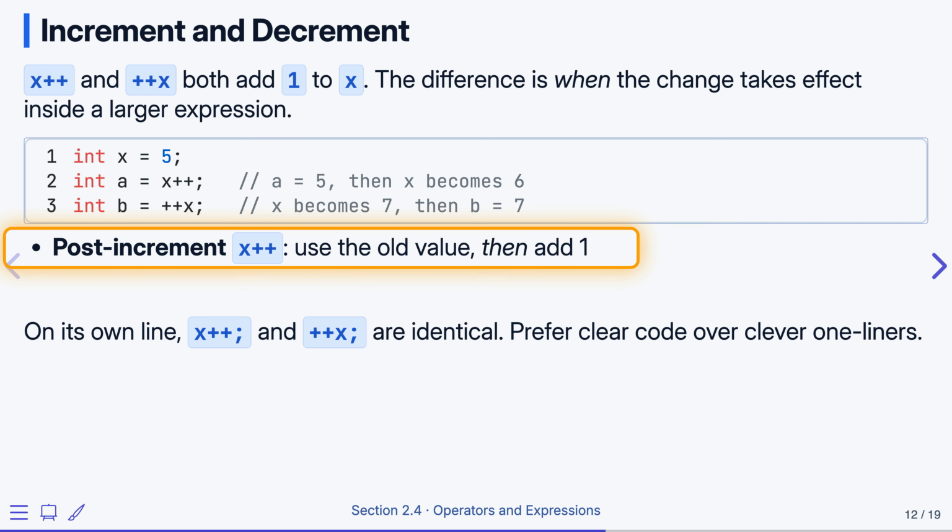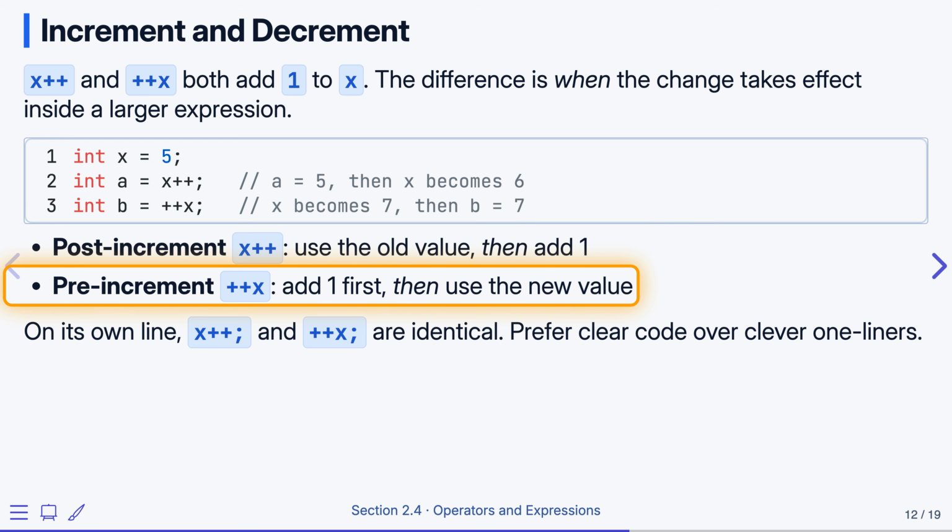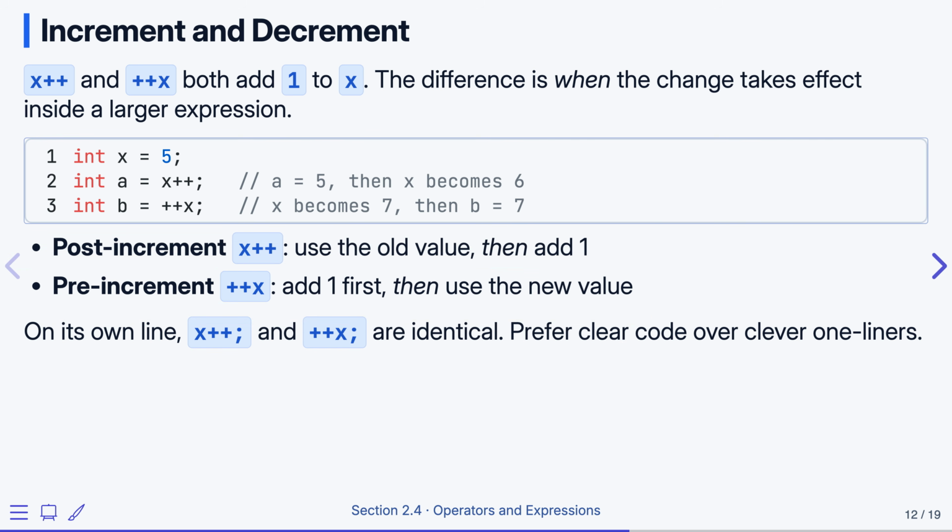So a gets 5. Pre-increment, written ++x, bumps x up first from 6 to 7, and then returns the new value 7. So b gets 7. When you use it on its own line, the two forms are identical. Both just add 1. So keep your code simple and readable, and avoid clever one-liners.